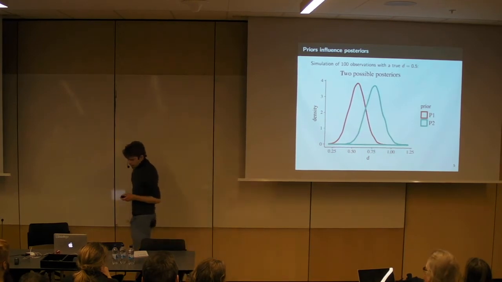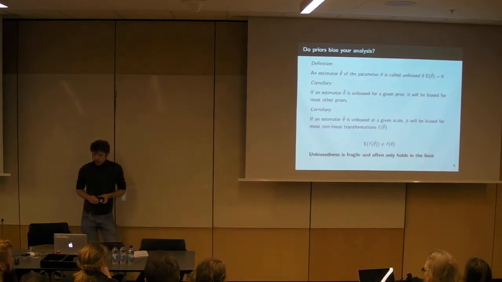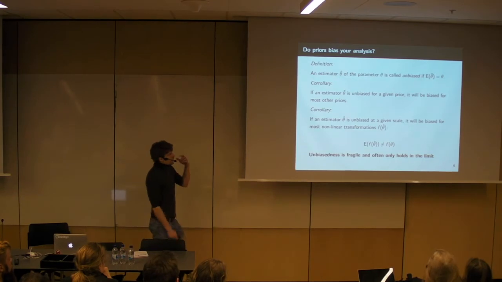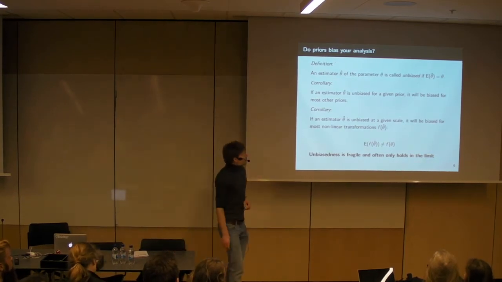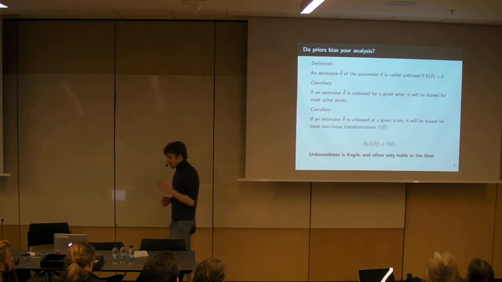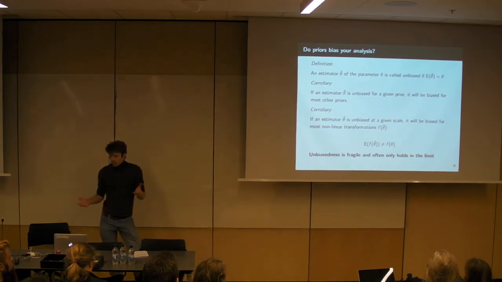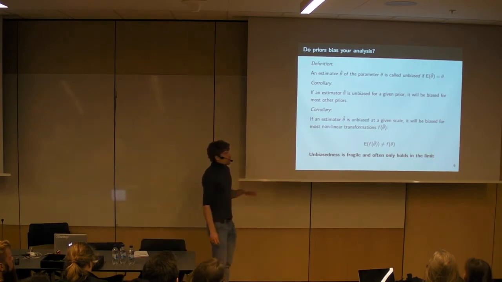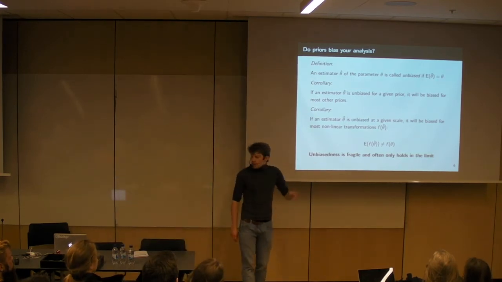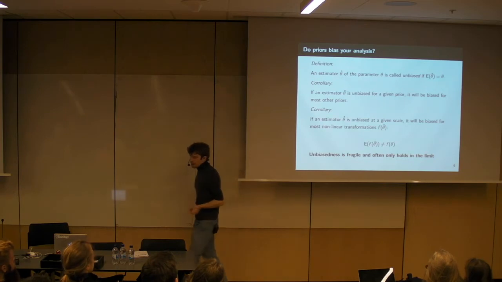Okay, so the next point is: do priors bias your analysis? So first of all, what's the definition of a bias? An estimator theta hat of the parameter theta is called unbiased, so not biased, if the expected value of our estimator is equal to the true parameter. Right?